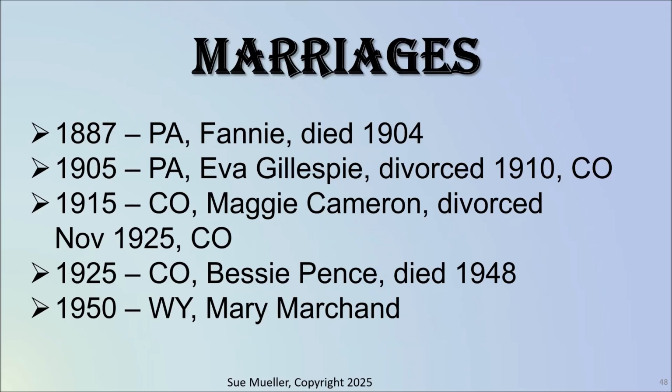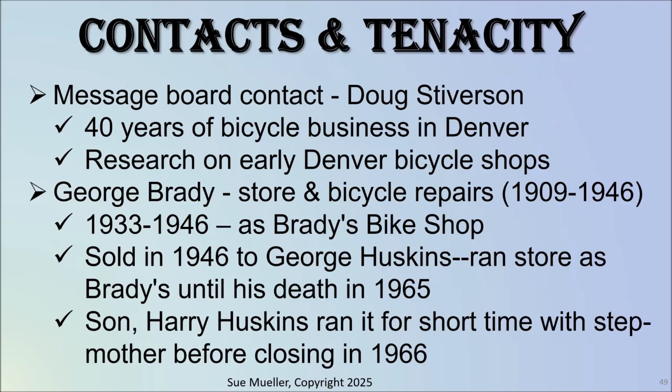And I was in contact with a gentleman by the name of Doug Stuyvesant, who's a bicycle buff. And he was able to tell me stories about Uncle George and the bicycle business because he had an interest in bicycle information. So he told me some stories, and he remembered my name. And why is this important?